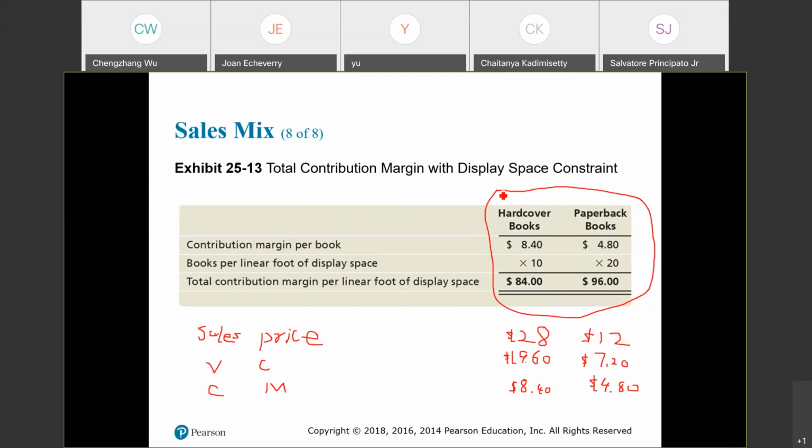So the company can generate more profit per foot of shelving if paperback books are displayed.